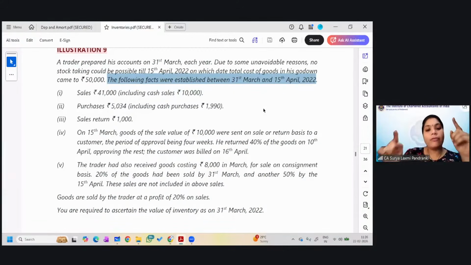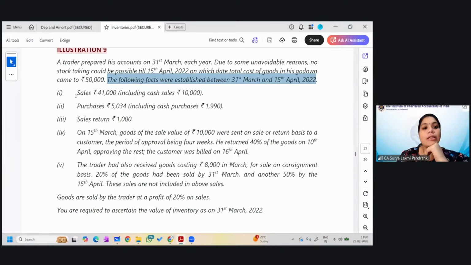So the purchases, sales, returns, or anything else in between those 15 days have to be added or subtracted. We'll see what to add and what to subtract. Once you do all those adjustments, then you will come to know the closing stock as on the year-end date, which is 31st March. It's like working backwards from 15th April, and then you calculate the closing stock as on 31st March 2022.